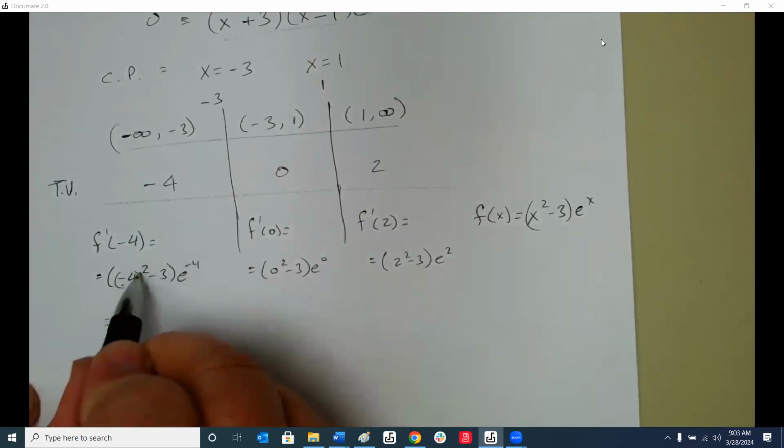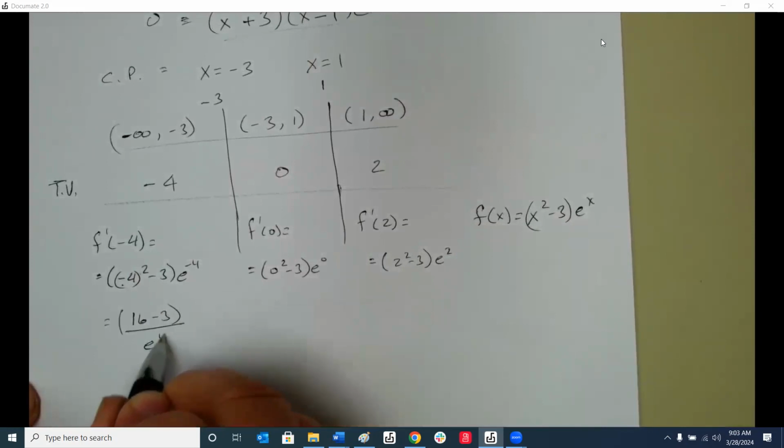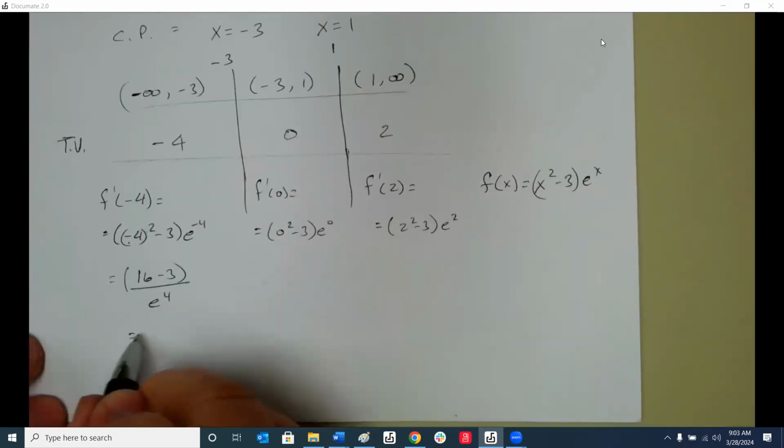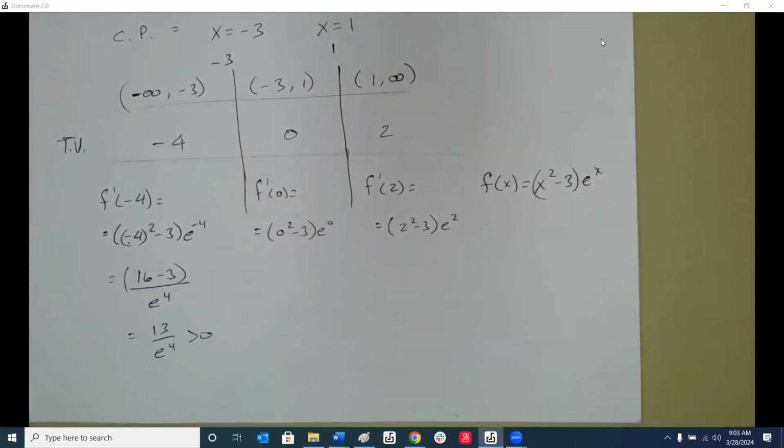So this one says -4 squared is 16, divided by e to the 4th. 13 divided by e to the 4th is positive.